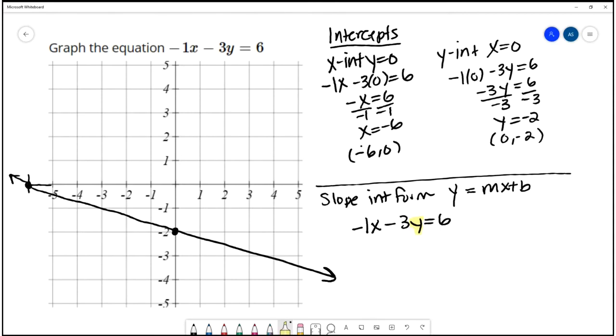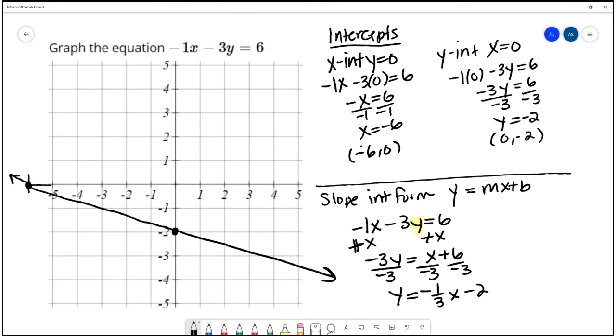So I'll add x to both sides. This gives negative 3y equals x plus 6. And I'll divide both sides by negative 3. And we have y equals negative 1/3 x minus 2.